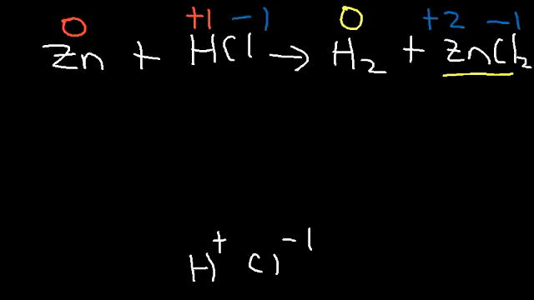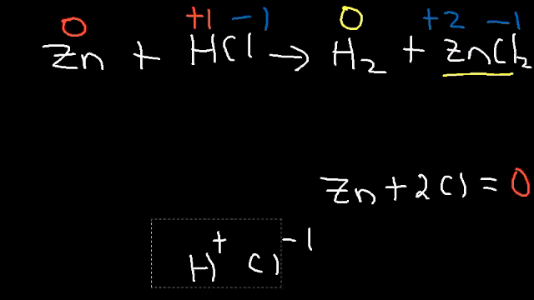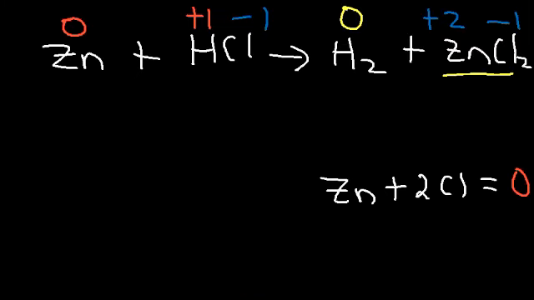Now, if you feel a little unsure why zinc has a +2 oxidation state, you can write an equation. Zinc plus the 2 chlorine atoms should have an oxidation state of 0, because overall zinc chloride is neutral. So we're going to solve for the oxidation state of zinc. Let's replace zinc with an X symbol.